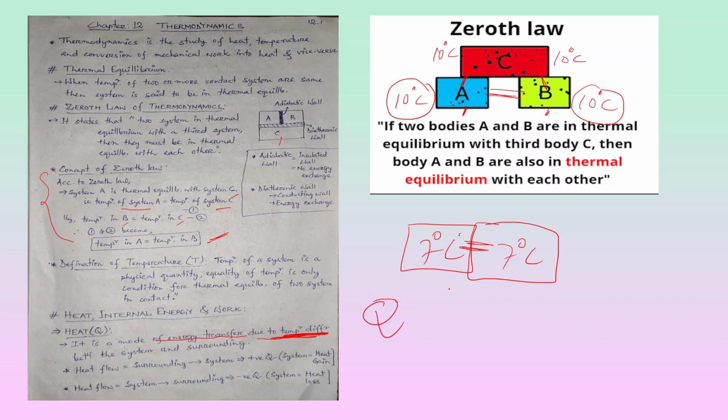When systems achieve thermal equilibrium, there is no transfer of energy. But when there are differences, for example 10 degrees Celsius initially and 5 degrees Celsius, then energy is transferred due to this temperature difference.